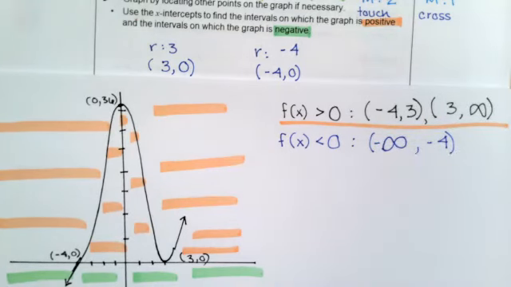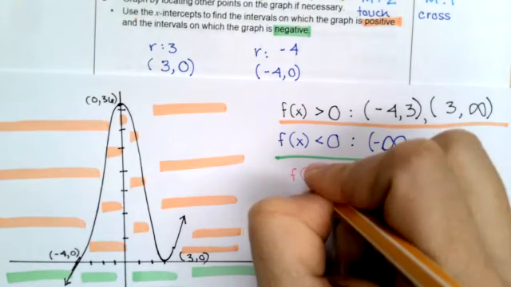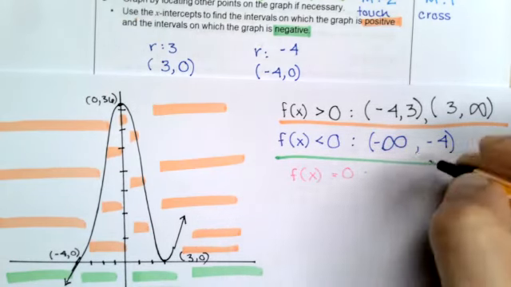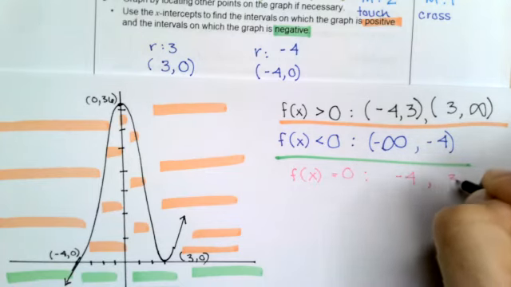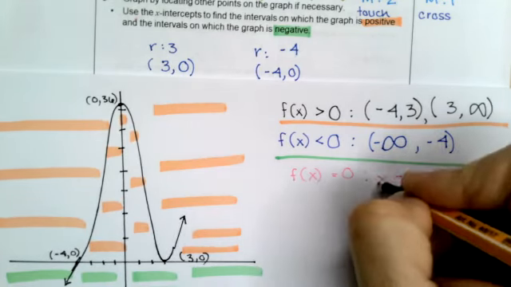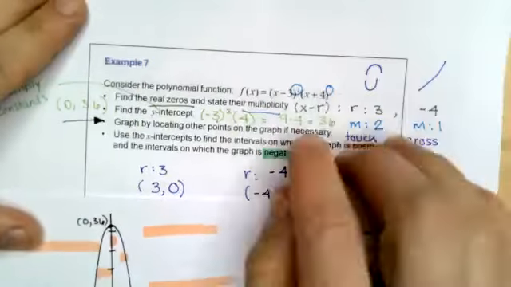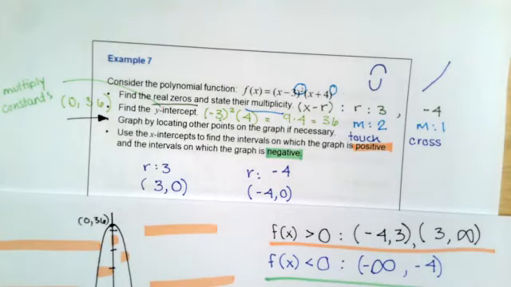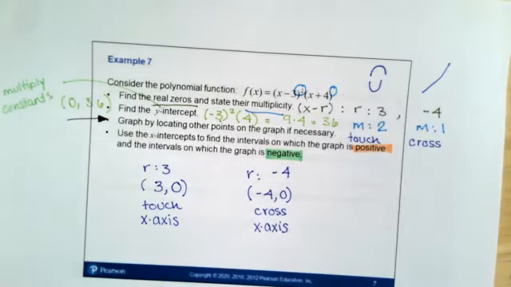And you could even write that f(x) is equal to 0 at the points x = -4, x = 3. Good. All right. So all they give you is this. You don't use a graph or a graphing utility or anything. You can still figure out what that looks like. That's cool, huh?